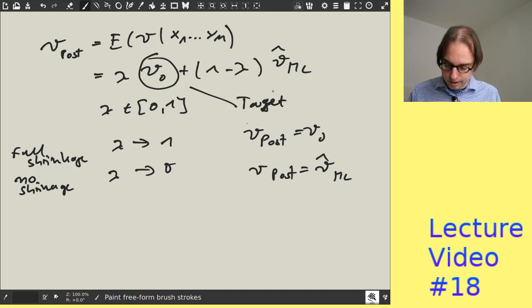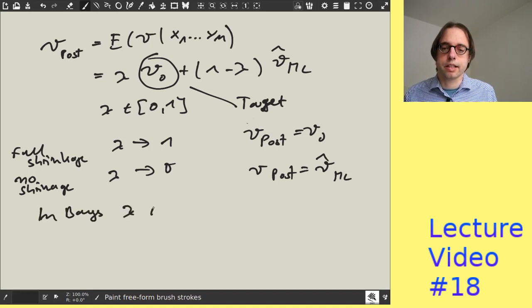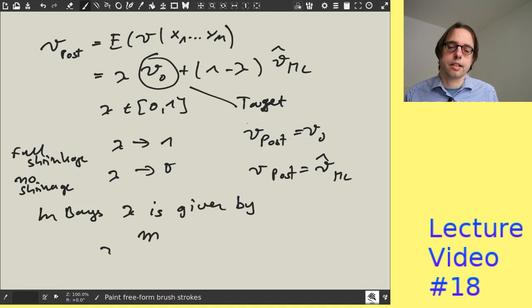And usually in Bayes, lambda is given by something like m divided by m plus n, with m given.